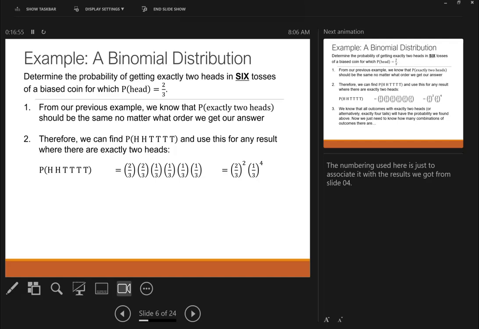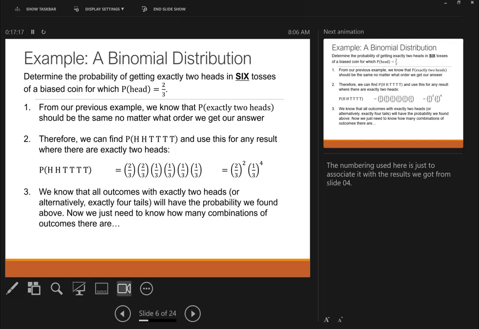So heads and heads and tails and tails and tails and tails should be 2/3 squared times 1/3 to the 4th. So again, it's the probability of success to the power of the number of successes times the probability of failure to the power of the number of failures.